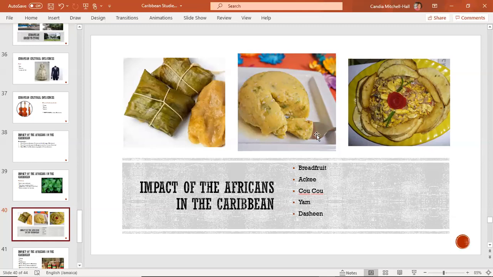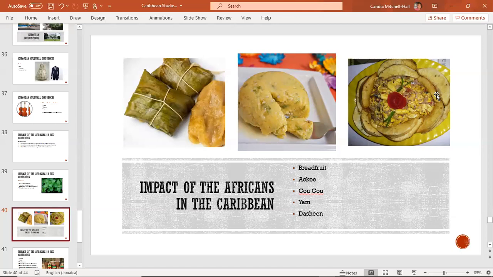Anybody recognize this here? Sir, it looks like cornmeal? Turned cornmeal. What we call turned cornmeal, yes. And in Barbados, they call it cuckoo. Other Caribbean countries have a similar name for it. I believe that's part of their national dish. In Jamaica and St. Vincent, they use quite a lot of breadfruit.